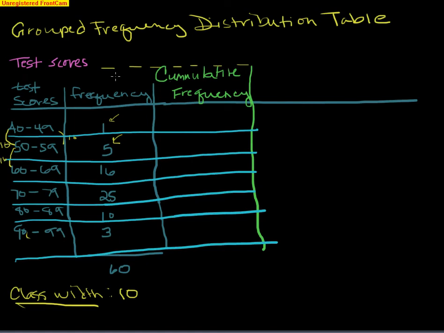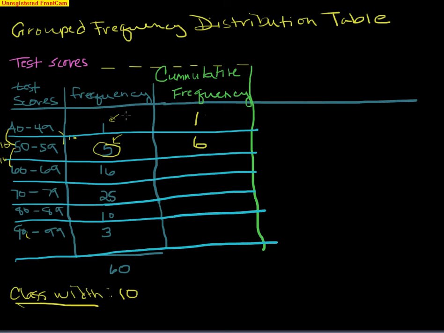For example, the cumulative frequency for this first class, 40 to 49, is 1, since there's one student in there. For the next one, 50 to 59, what it really means is how many students got a test score below 59. Well, that's these 5 people in 50 to 59 plus this one in 40 to 49. So we have 6 students altogether below 59.